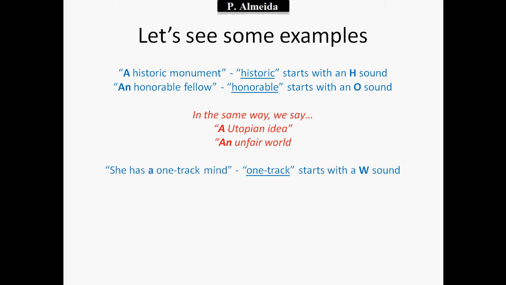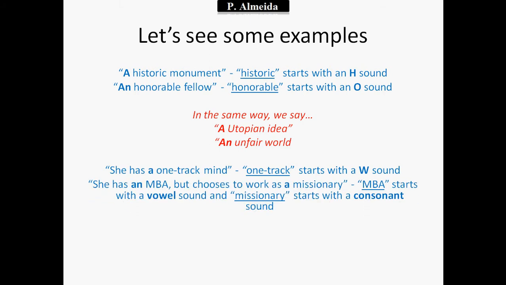Some other examples. She has a one-track mind. One track here, although you say one and it's something that starts with an O, so a vowel, it sounds like you're saying one with a W. So because it starts with a W sound, and W is a consonant, you use A. But I also can say she has an MBA but chooses to work as a missionary.